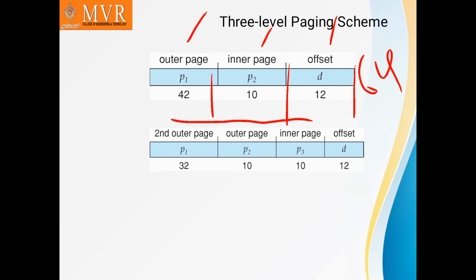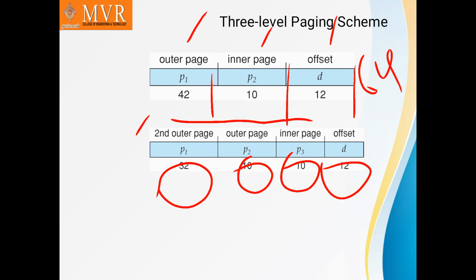And if it is a second outer page, then it will be in 32 bits, the outer page is 10 bits, the inner page is 10 and the offset is 12. So this is the three-level paging scheme, because it has P1, P2 and P3.